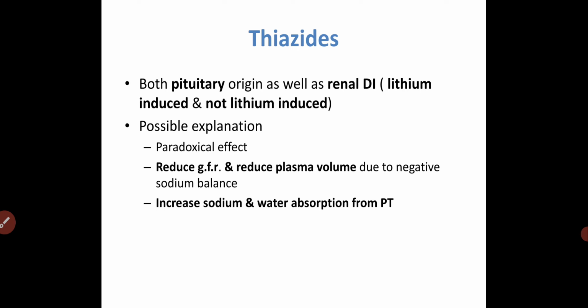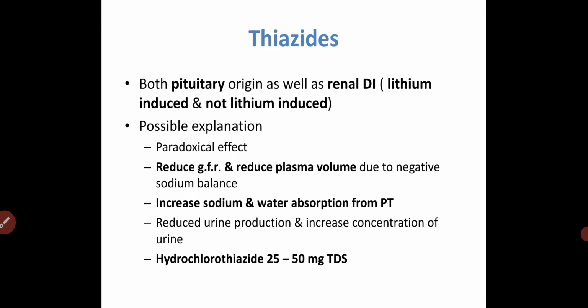Okay, as a diuretic its effect is on the distal convoluted tubules, not on the proximal tubules, but in a diabetes insipidus patient it increases sodium and water absorption from the proximal tubules. So this water and sodium is not going to the distal convoluted tubules, so it is not effective as a diuretic, but it is an antidiuretic after some time.